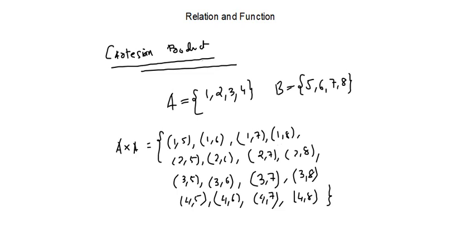Now what is an ordered pair? This set of elements, that is (1, 5) or (1, 6), these are called ordered pairs.